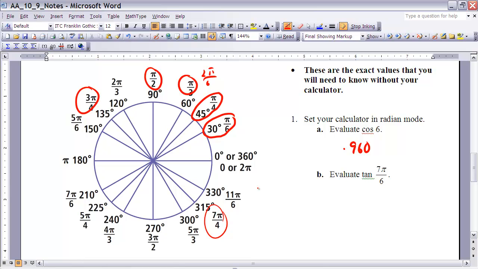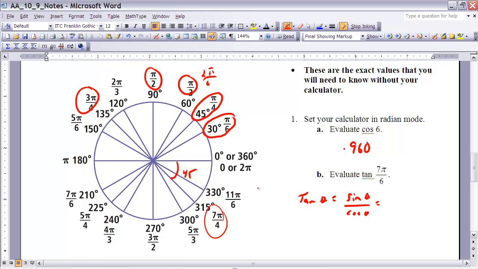From an exact value standpoint, we can do that fairly easily. I know that it makes a 45-degree angle with the x-axis, and I know that the tangent of theta is equal to sine over cosine.